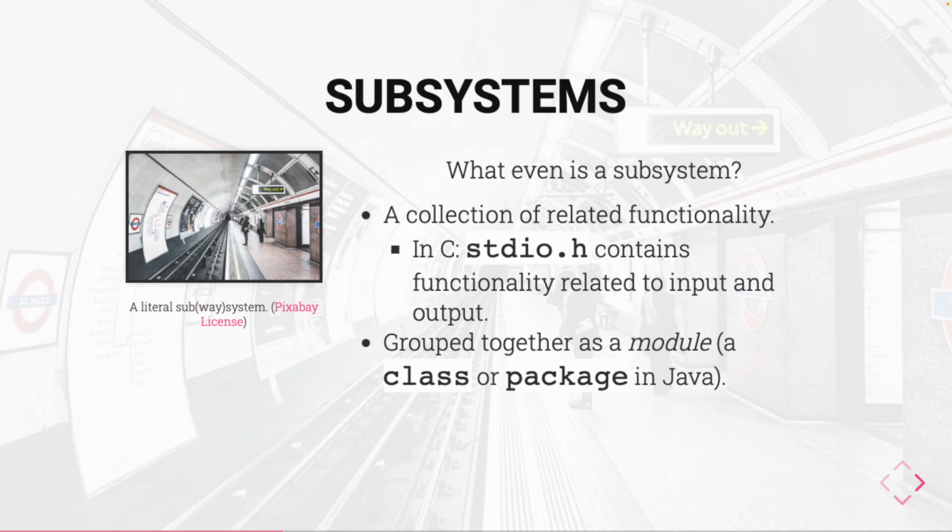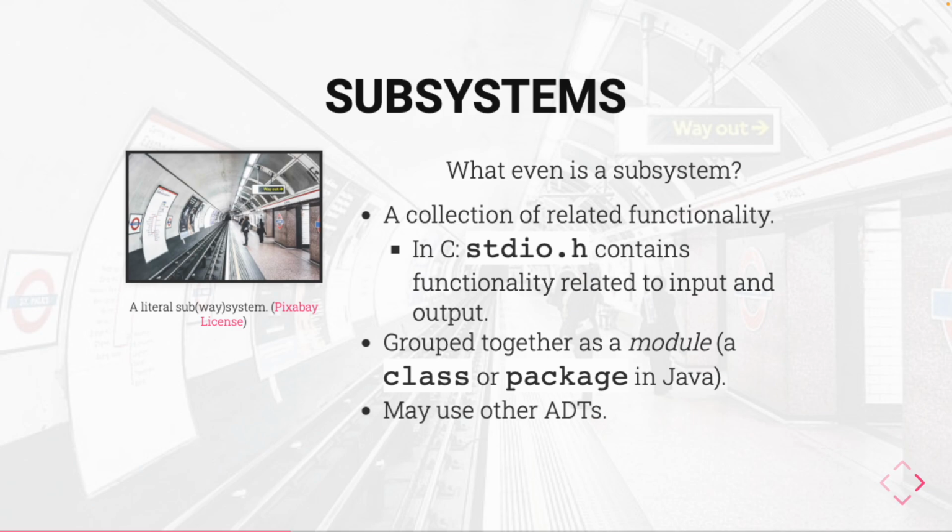The related functionality is grouped together as a module. You've definitely seen classes before, and you've maybe seen packages, collections of classes. So it's all grouped together based on related functionality. May use other ADTs.